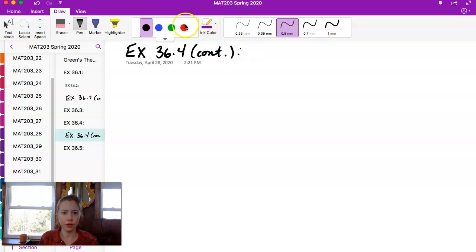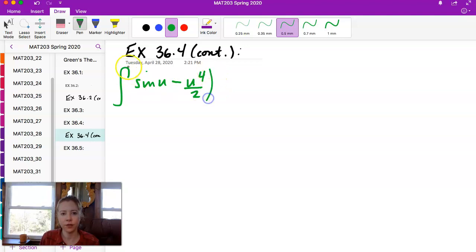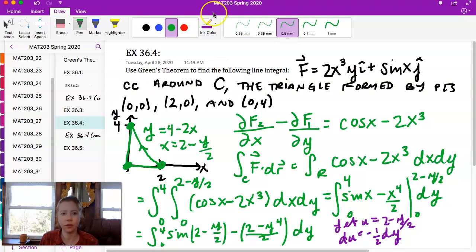So now we're going to have the integral of sine u minus u to the 4th over 2 times minus 2 du, because solving for y, dy is minus 2 du.